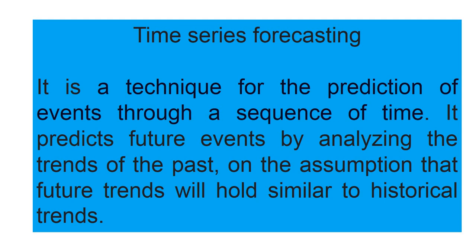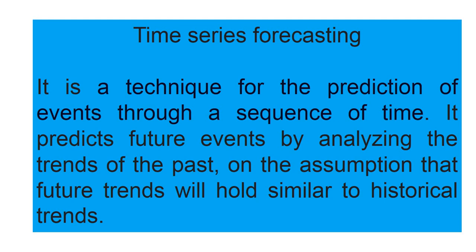As you can see on the screen, time series forecasting is a technique for the prediction of events through a sequence of time. It predicts future events by analyzing the trends of the past, on the assumption that future trends will hold similar to historical trends.